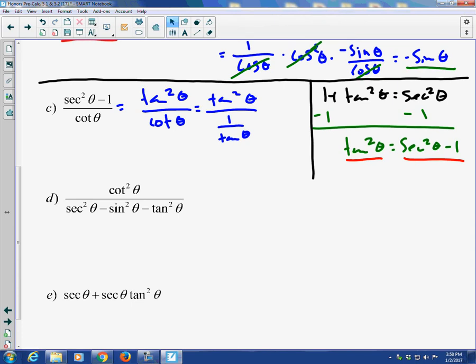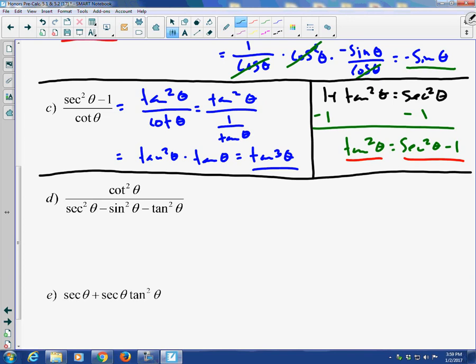Then I'm dividing by 1 over tan, which is the same as multiplying by the reciprocal. So now I've got my tan squared theta times tan theta, and that's going to give me tan cubed theta as the simplified expression. Okay, so that's C.